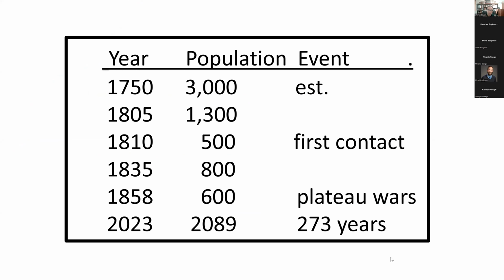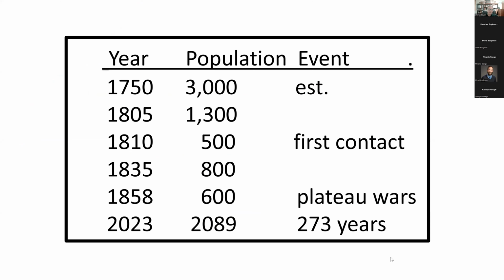Now, this isn't really a whole lot to do with fish, but I have to put it in to hit it home a little bit later: around the 1750 era, there were actually about 3,000 Spokanes living up and down the Spokane and its tributaries. And if you look a little further down, that's about how many we have today.